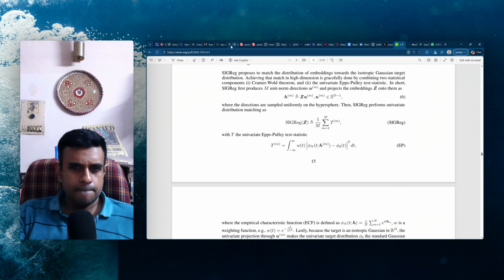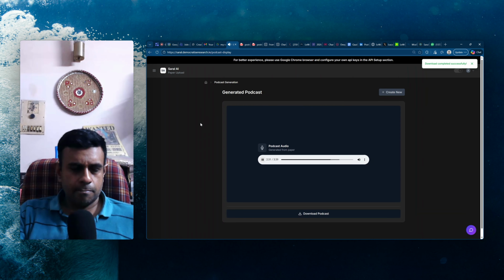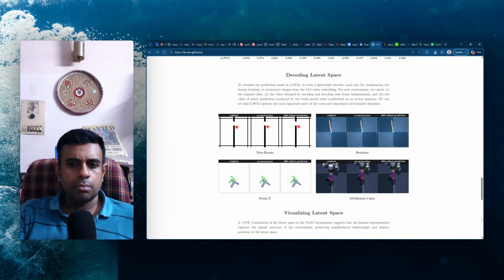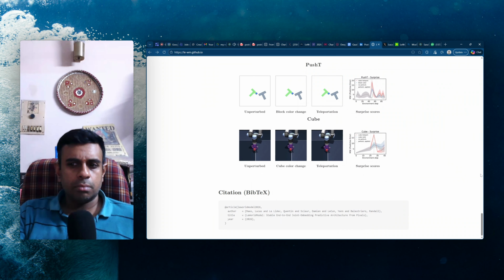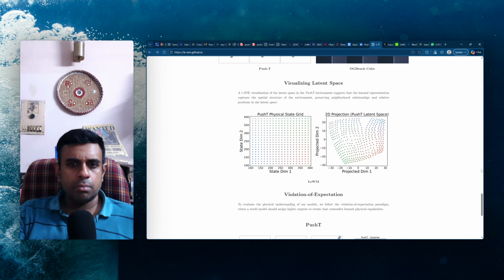They were testing if the AI understood basic physics like gravity or momentum. So, could it tell if something was physically impossible? That's the surprise evaluation. If something defied physics, the AI should be surprised. Its latent space should react. Interesting. Like if a ball suddenly floated upwards, it should register as unusual. Precisely. It shows the model is learning more than just patterns, it's grasping some underlying rules.